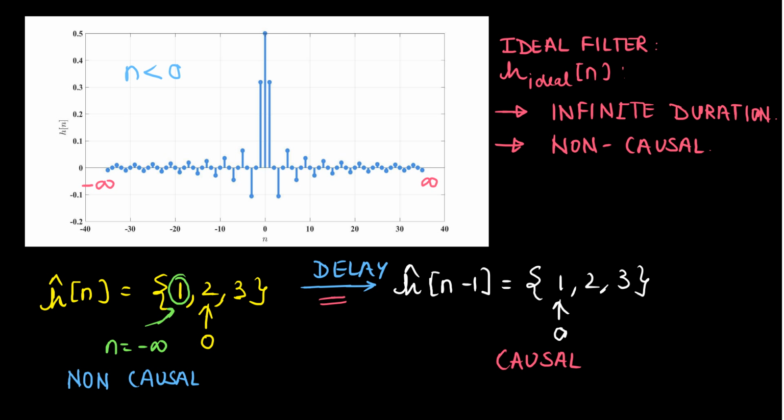We can do the same thing in the case of this ideal filter. But this ideal filter is of infinite duration from minus infinity to infinity, so in order to have it from 0 to infinity, we would need to introduce a delay of infinite duration.